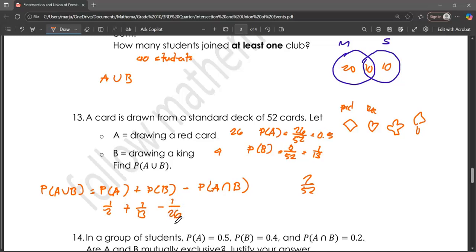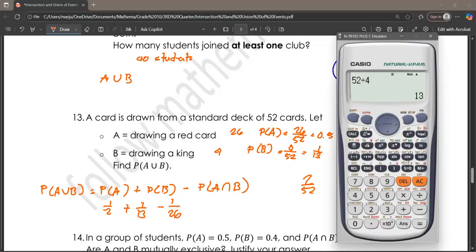And then we just gonna add everything up. So meron tayong 1 half plus 1/13 minus 1 over 26. So this gives us 7 over 13, or in decimals, that is 0.54 approximately, or 54%.